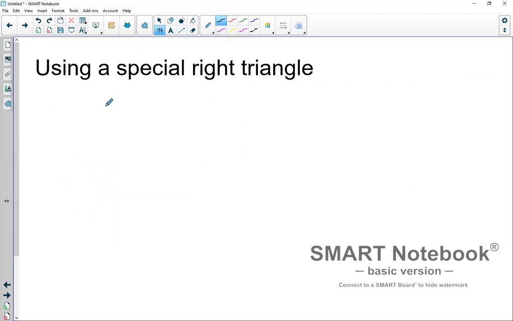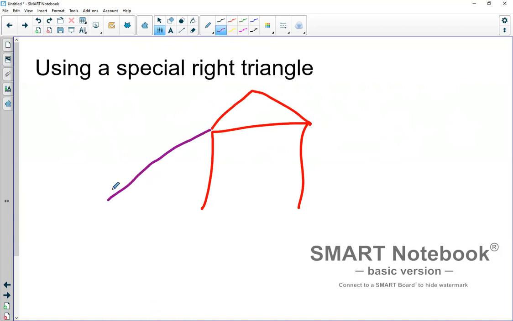Okay, special right triangles. This is going to be a form of a word problem, some piece of wood on a house or something. Let's put a piece of wood there, and some grass.